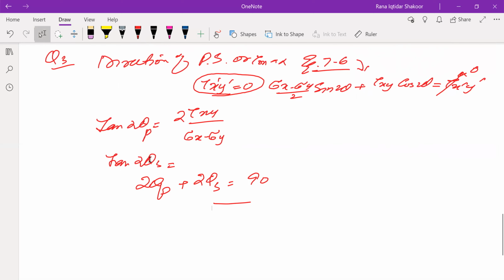The theoretical part of all this is discussed, and now we will go for an example. In the next lecture we will solve an example of this, and then probably another video for another problem.